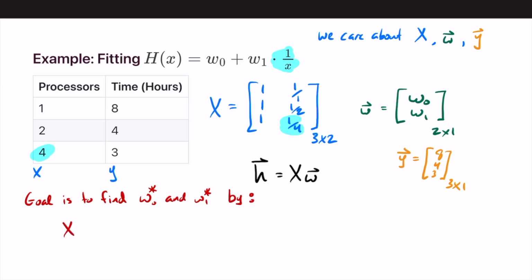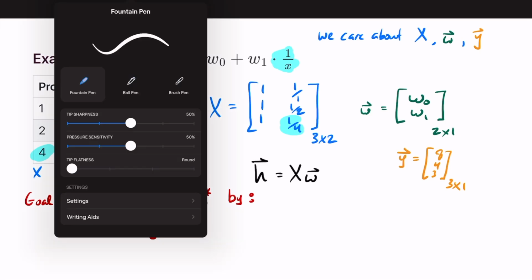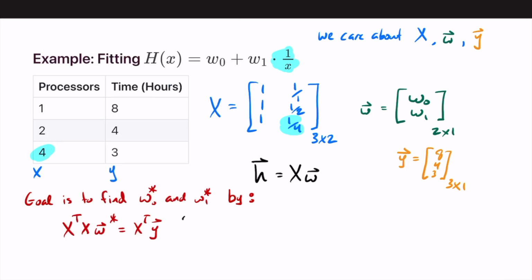And that's going to be x transpose x times the parameter vector star equals x transpose y vector. And this is a system of equations, specifically a system of 2 equations, because we have 2 unknowns.